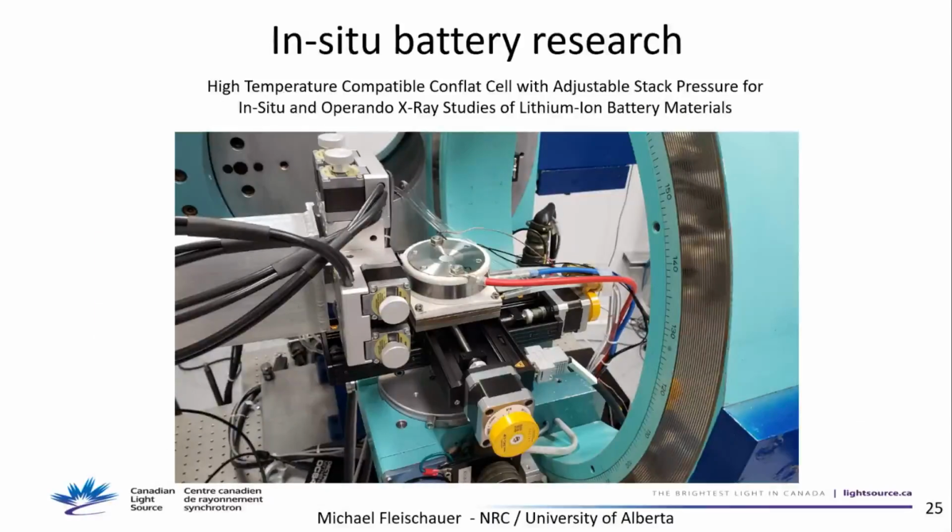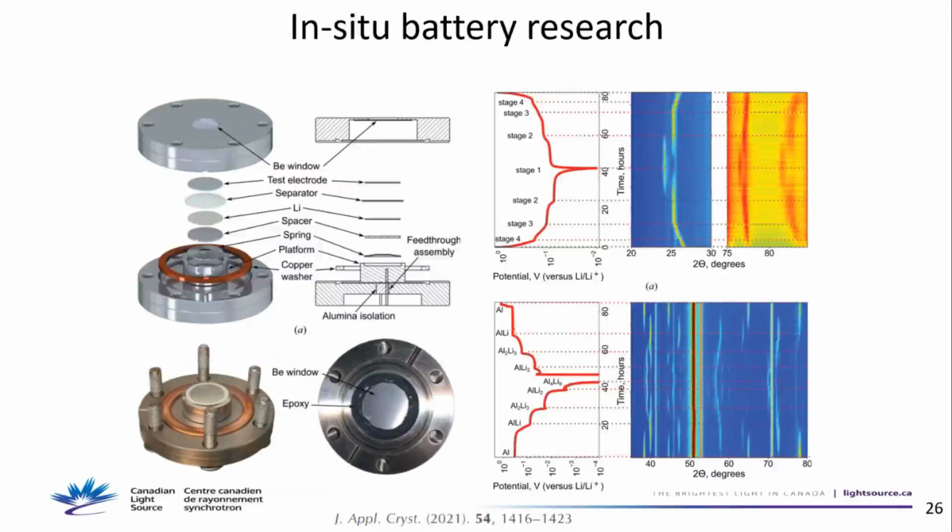And this is a user we have in Alberta. He comes with his customized battery setup, and he puts it first in the lower energy Wheeler beamline, then in the undulator beamline. So that thing has a structure of a battery here with different layers and electrodes and lithium. And he puts that all together in our diffractometer.